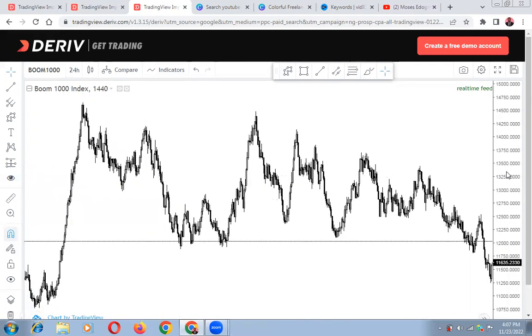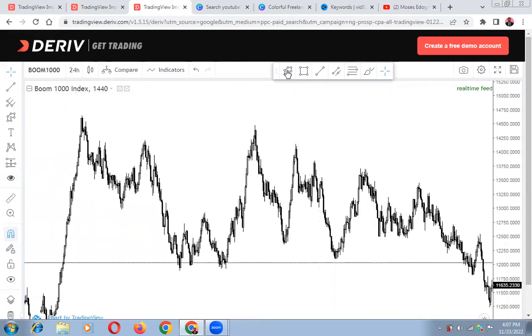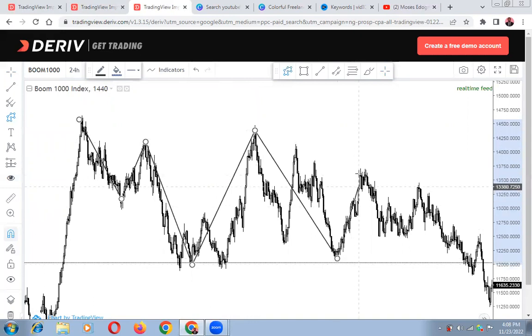Watch what price has been doing over time. You can see price gave us this and then gave us a lower low, a lower high, a lower low. It closed above this, but it didn't close above this. So this is the lower high, this becomes the lower low in this order.